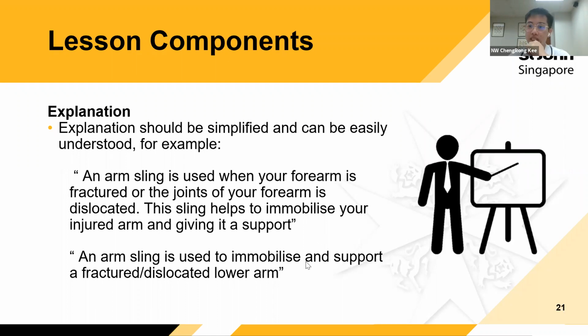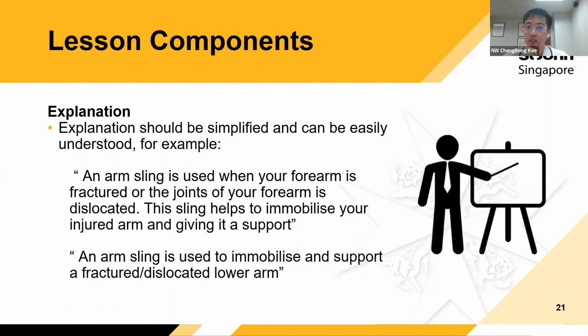So maybe I'll go more in depth for you because you cannot tell me the reason for your answer. I can assume that you think it's the second one because it's shorter, but that's not really the reason. The reason why the second one is more simplified is because we do not go in depth into what a fracture is.